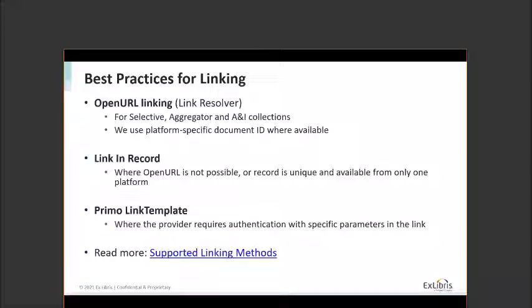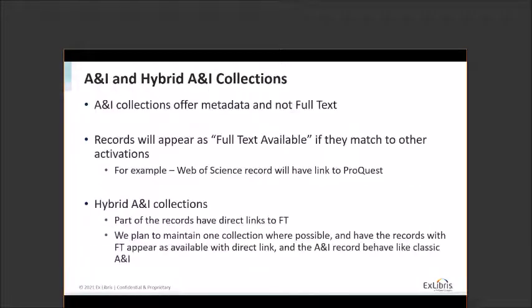So for example, in Naxos or Films on Demand or Gale link in record collections, the customers will need to insert their authentication key that they're getting from the providers in the Primo table, or in Alma, or in the 360. And then the URL that will be generated from the link will have this authentication key in it. You can read more in the article below, and I hope this will be part of the presentation, about the supported linking methods.